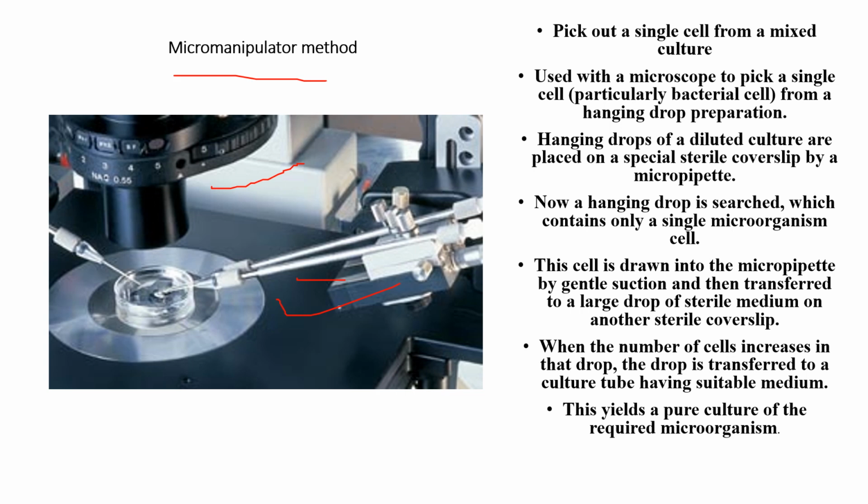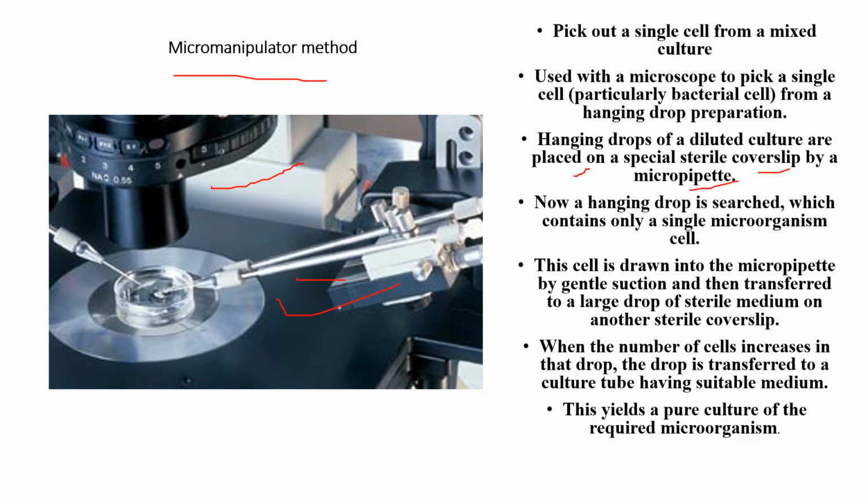In this we use a microscope to pick a single cell from the hanging drop preparation. In the capillary method we do not use a hanging drop, but in the micromanipulator method we use a hanging drop. Hanging drops of diluted culture are placed on a special sterile cover slip by a micropipette.